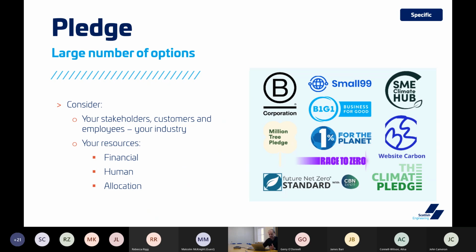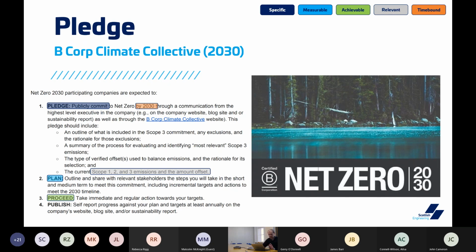And I'm going to go through a few examples of pledges. Here you've got the B Corp Climate Collective, and that one is a pledge for 2030. So it is time bound, and you can see here what makes it smart: the pledge, the plan, how you proceed, the scopes you need to consider, and the date.